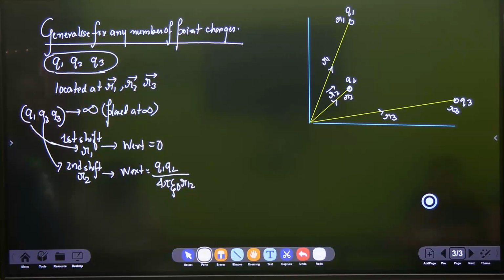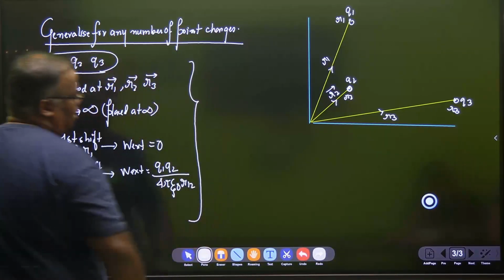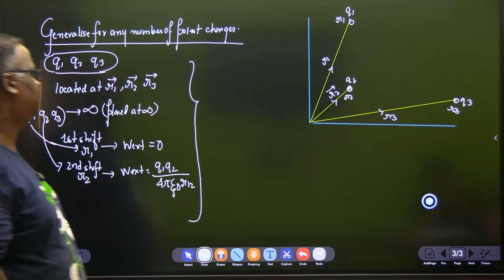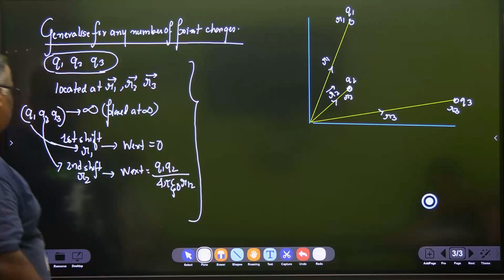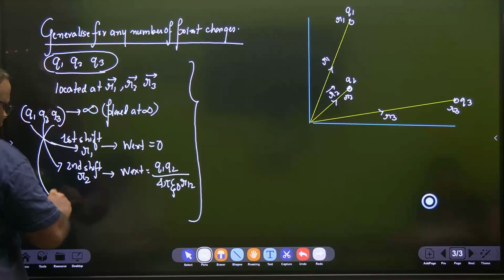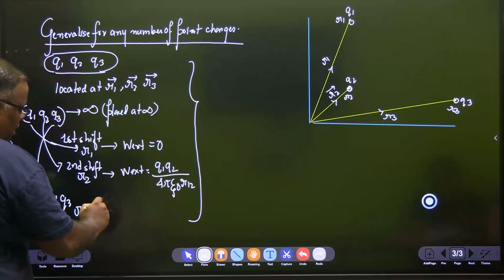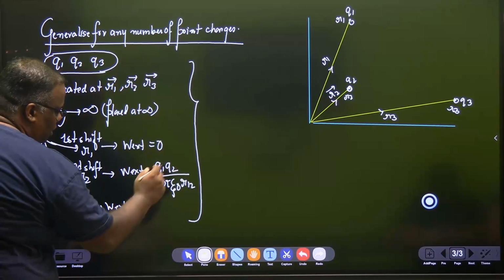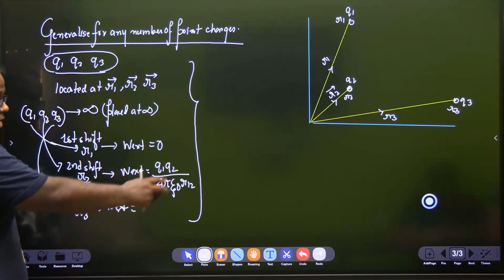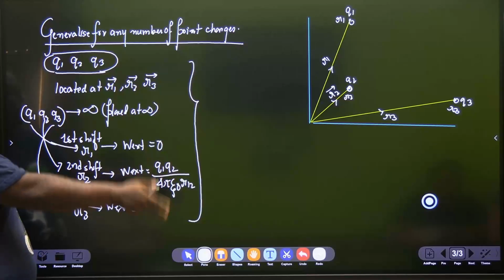Now a little bit of generalization. This concept is understood? Now what should be the conceptual for, if Q3 comes, Q3 will come to R3, and the external work done for Q3 should be equal to Q3 multiplied by the voltage at that point due to the other two.